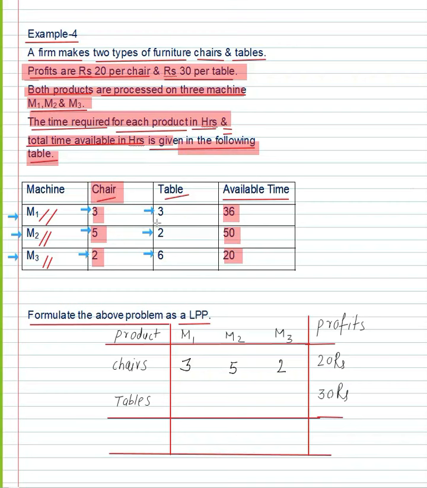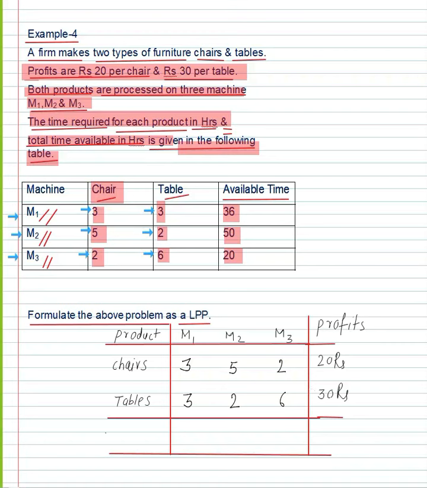Each table requires 3 hours on machine M1, 2 hours on machine M2, 6 hours on machine M3.